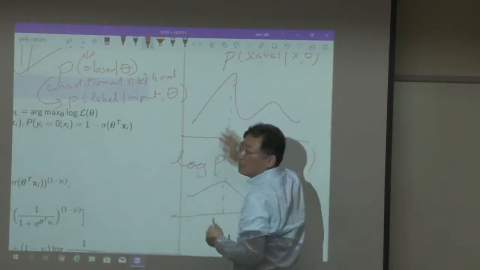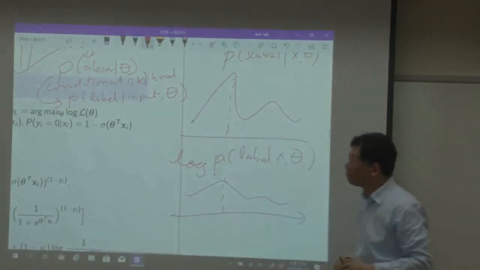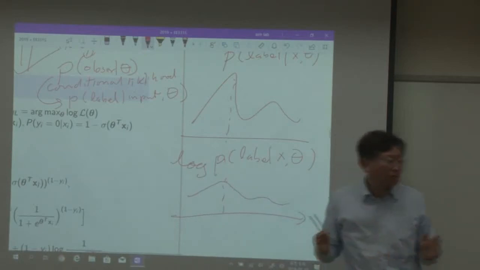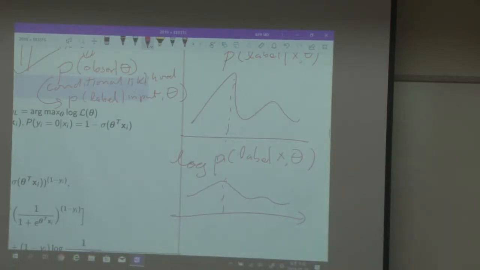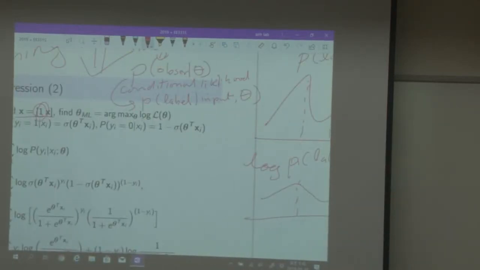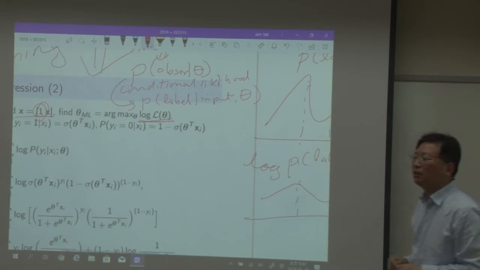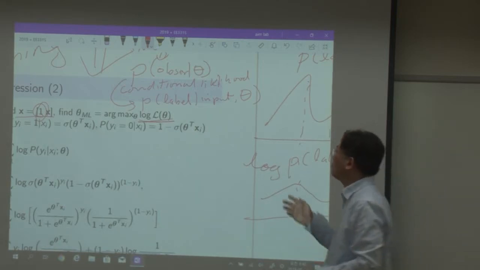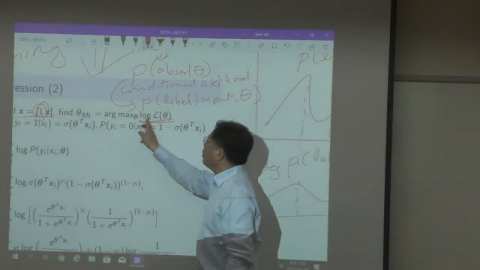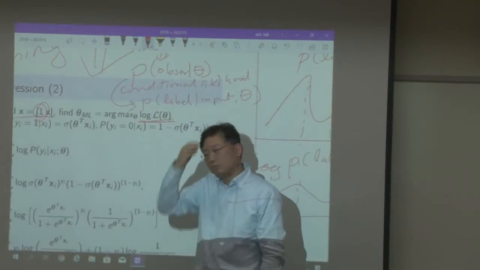It's monotonic. So instead of looking at the likelihood, I'm going to look at the log likelihood. Why do I want to look at log likelihood instead of just the likelihood? Why do I put this log in there?